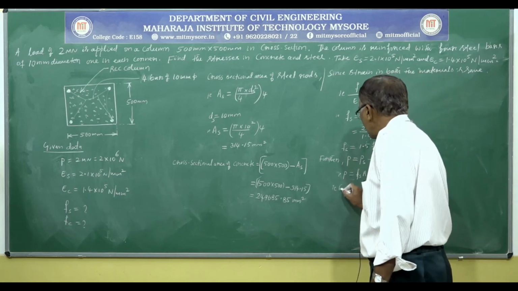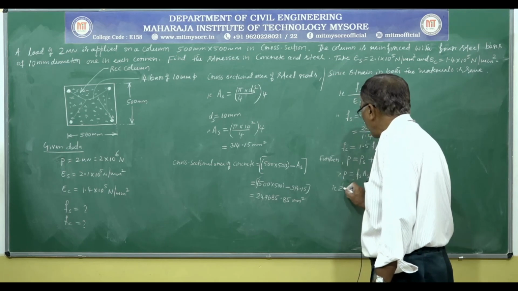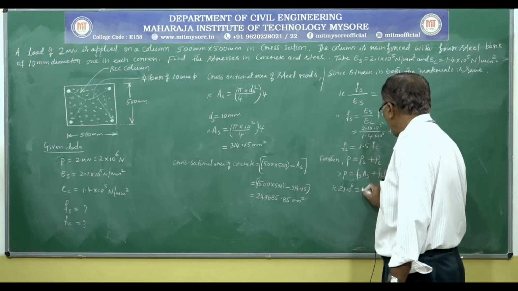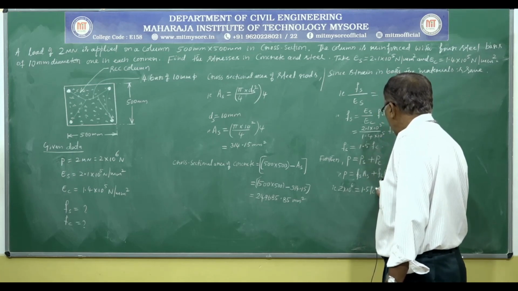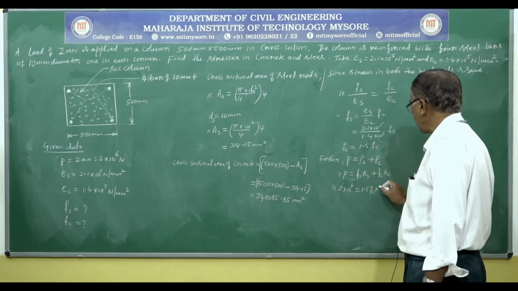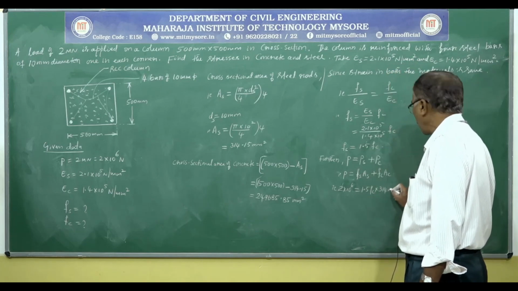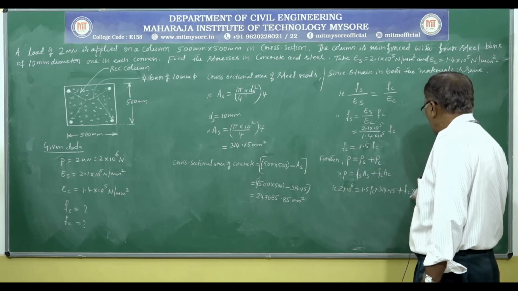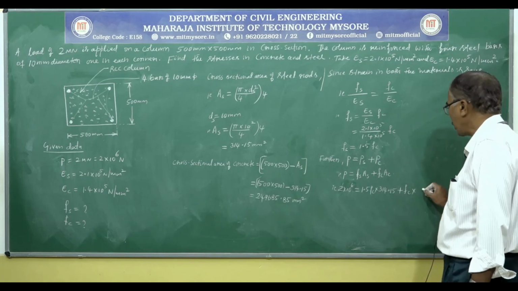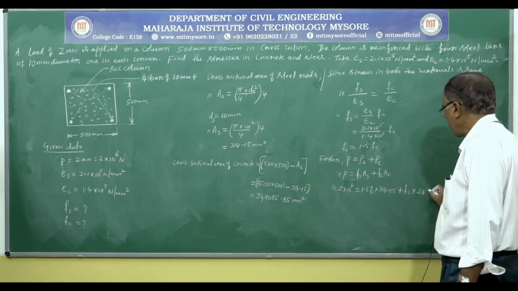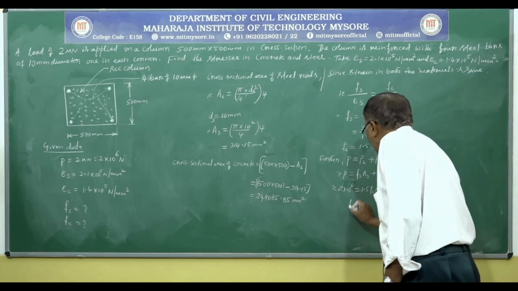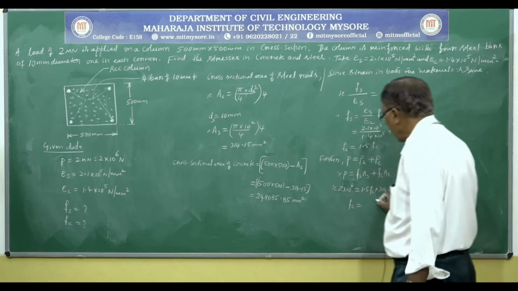Given P is equal to 2 into 10 power 6, that is 2 meganewton. Fs is equal to 1.5 times Fc, and the area of steel we calculated is 314.15, plus retain Fc as it is into the area of concrete, 249685.85.